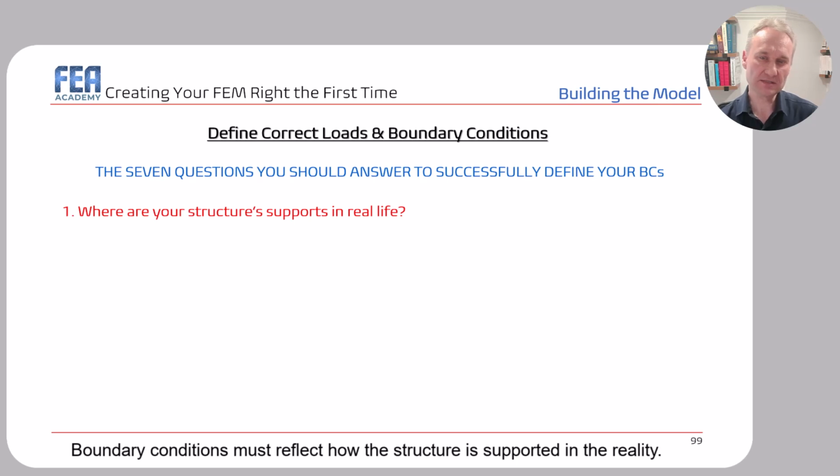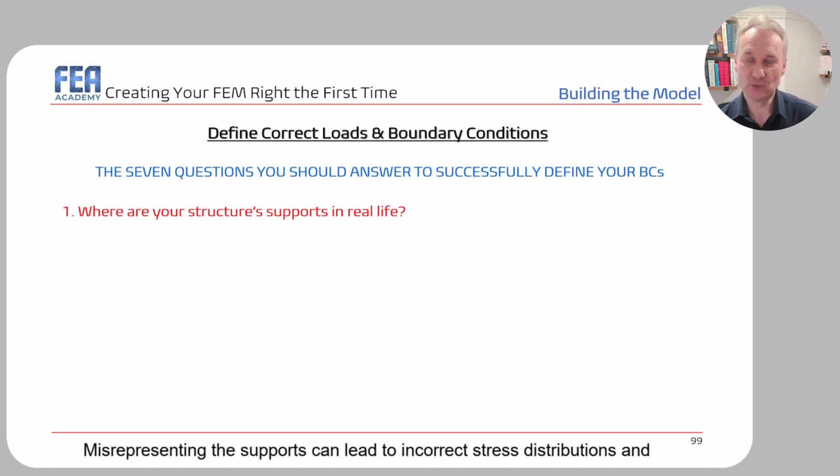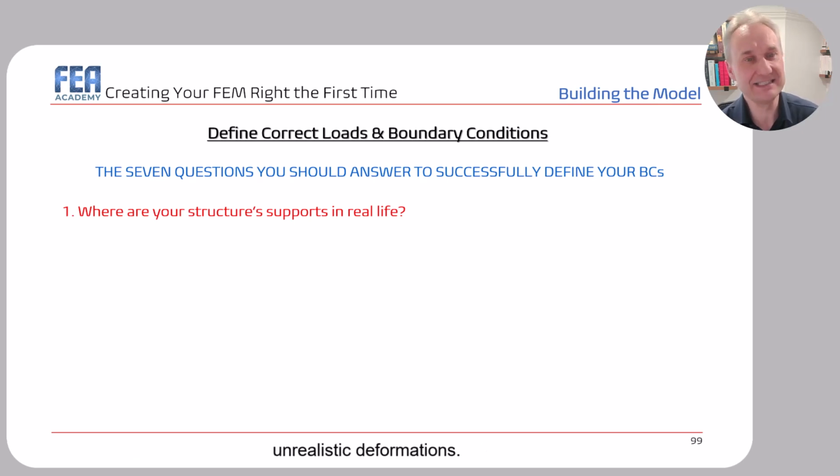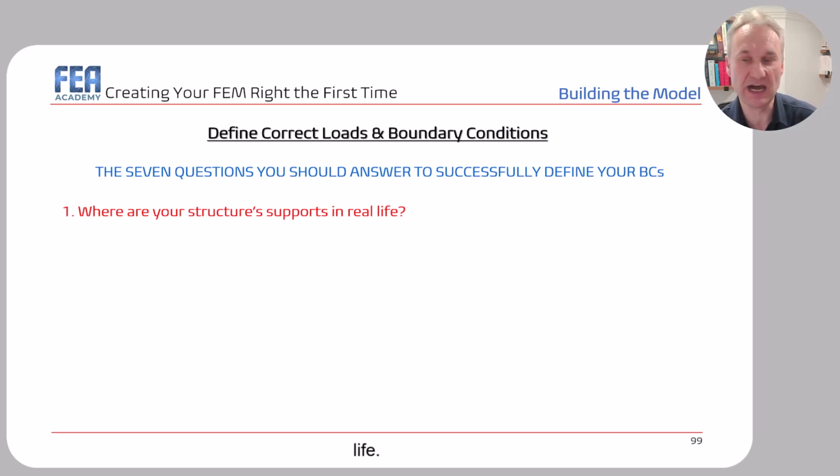Boundary conditions must reflect how the structure is supported in reality. Misrepresenting the support can lead to incorrect stress distributions and unrealistic deformations. So, identify all the points where the structure is physically supported in real life.